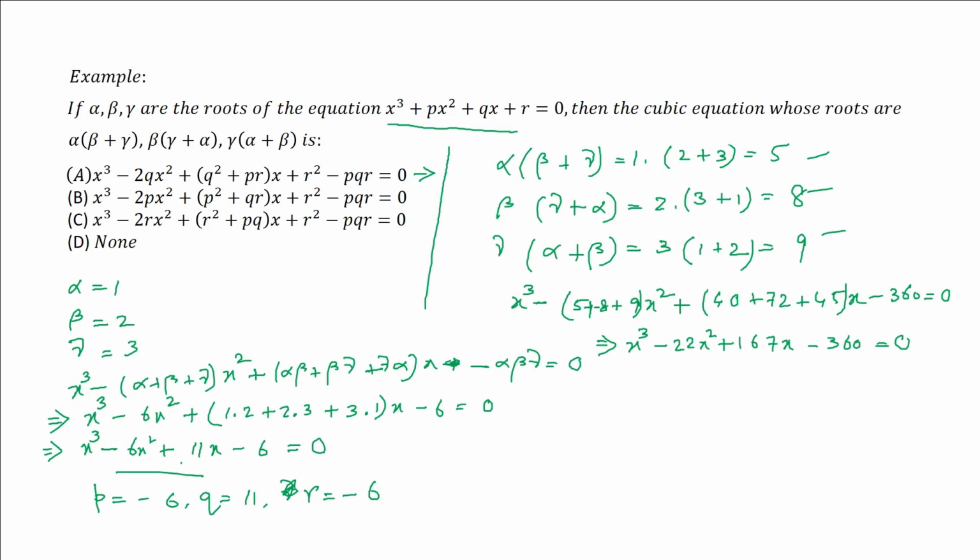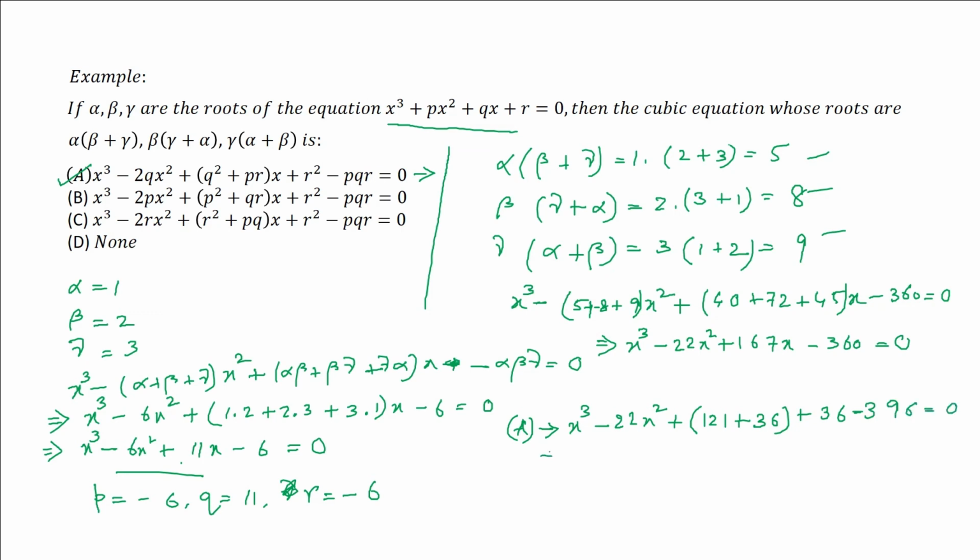So follow here under option A, after putting the values of P, Q, R, you get x cube minus 2 into Q, that means 22, x square plus (Q square plus PR), that means 121 plus PR, that means 36, plus R square, that means 36, minus PQR, that means 36 into 11, 396, equal to 0.